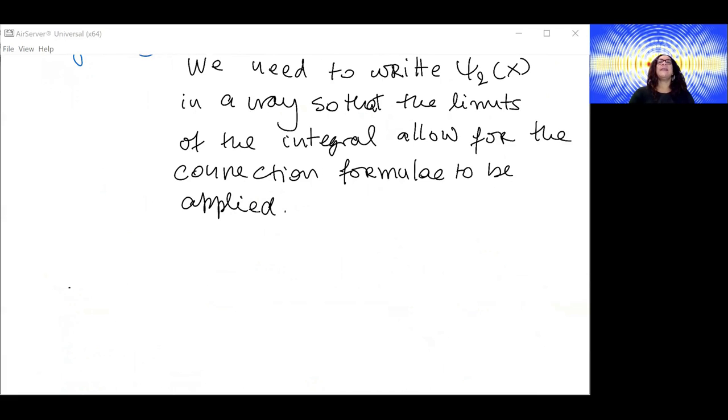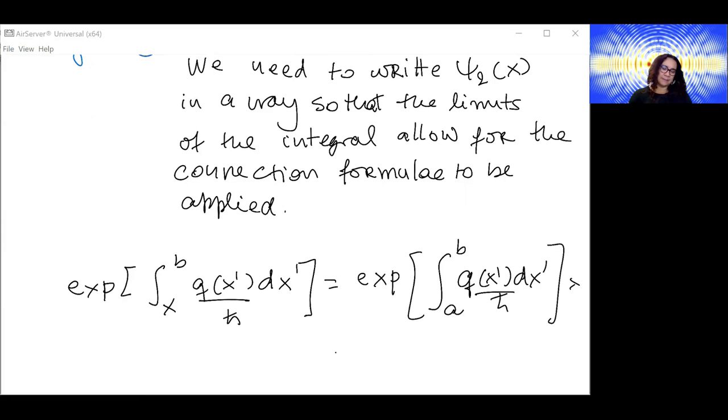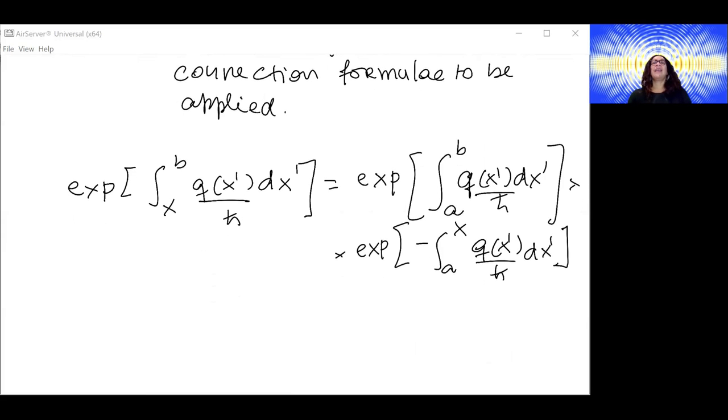We can say that exponential integral from x to b of q(x') dx' divided by h bar can be written as exponential from a to b of q(x') dx' over h bar, times exponential from minus a to x of q(x') dx' over h bar.